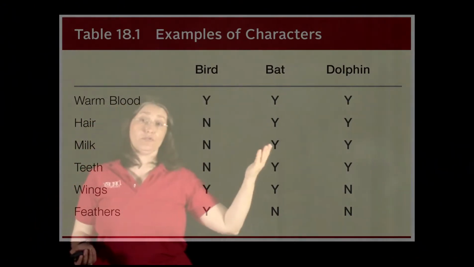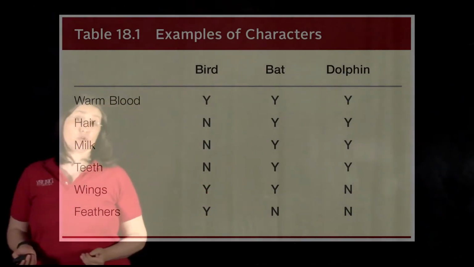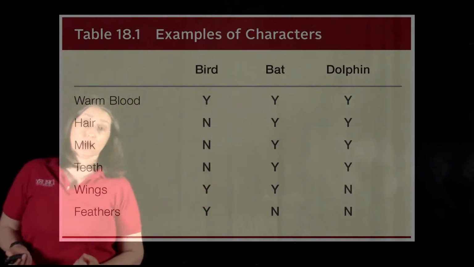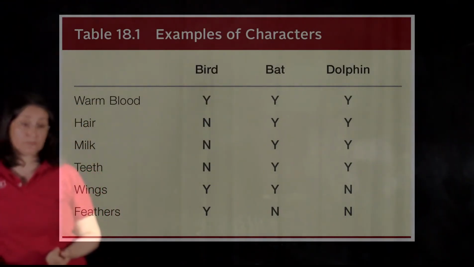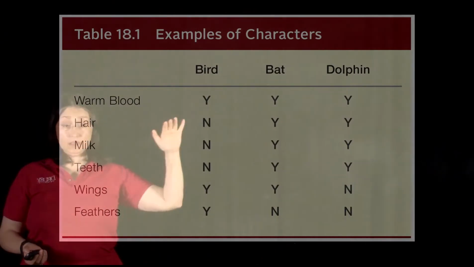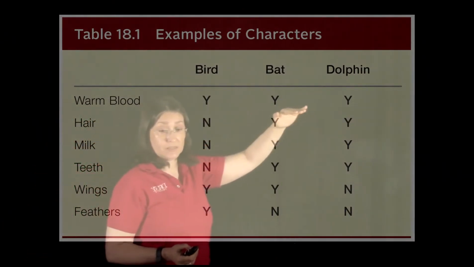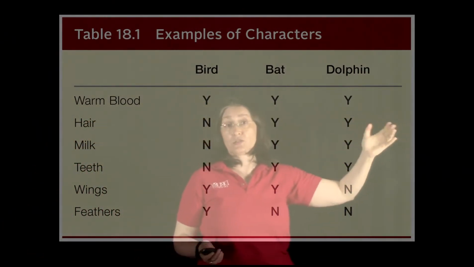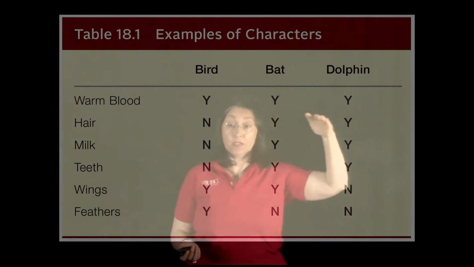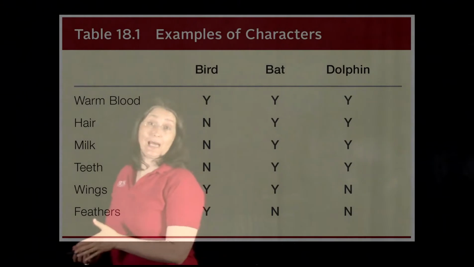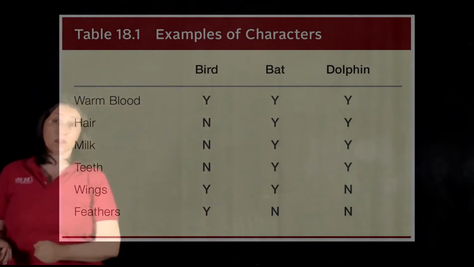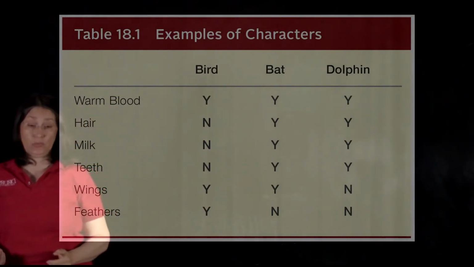While a bat and a dolphin share the same body temperature, similar to humans, around 98.8. But other organisms in this group, other mammals such as dogs and cats, could be warmer as well. But overall, they're warm-blooded as compared to reptiles or fish or other groups that are not warm-blooded.